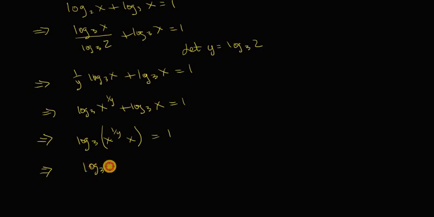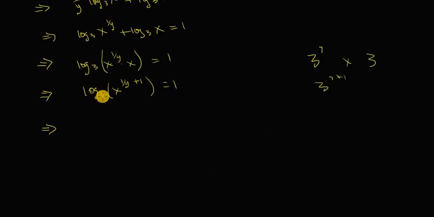Log base 3 of x to the power of 1 over y plus 1 is equal to 1. Imagine this was, for example, 3 to the power of 7, and I multiply it by another 3. Well, that's going to be equal to 3 to the power of 7 plus another 1. So I've just added another 1 on here.